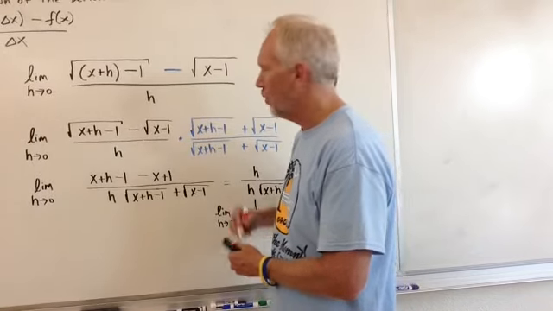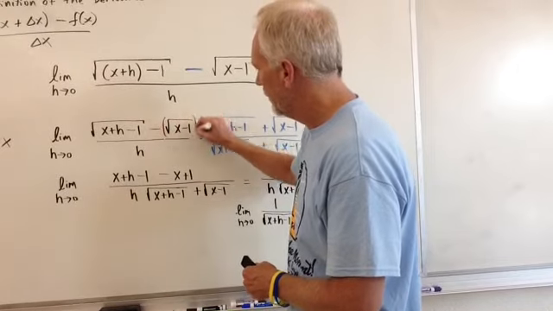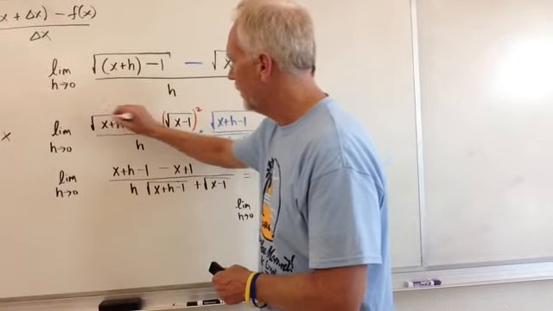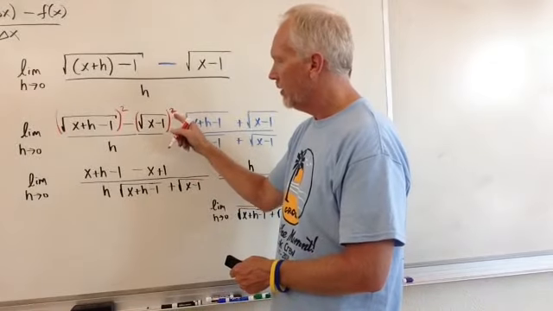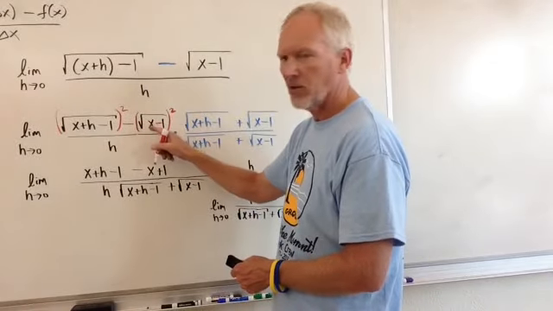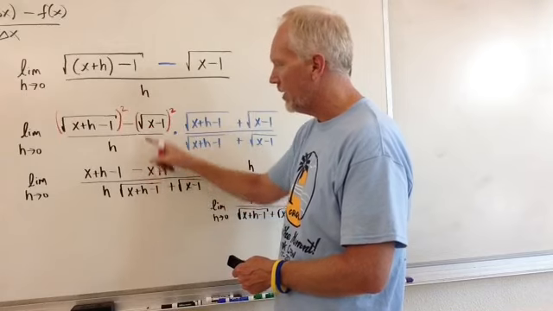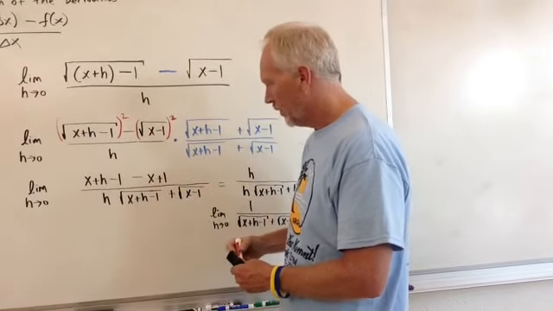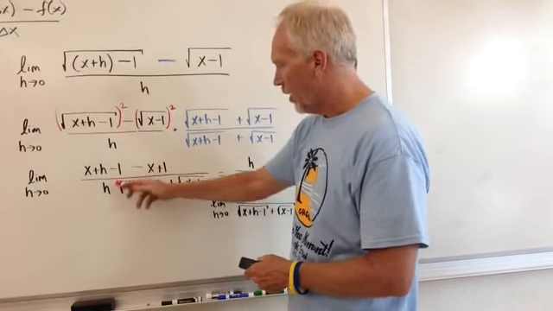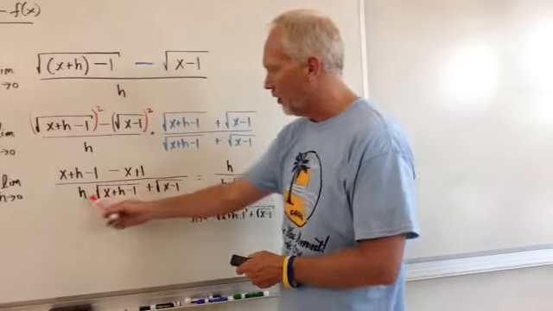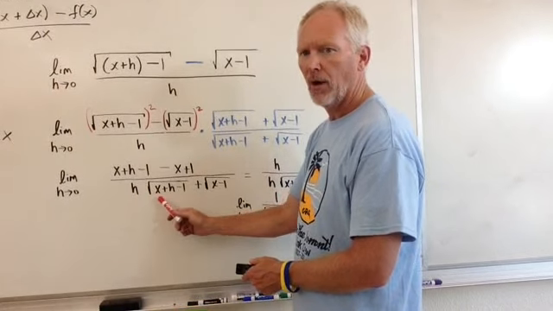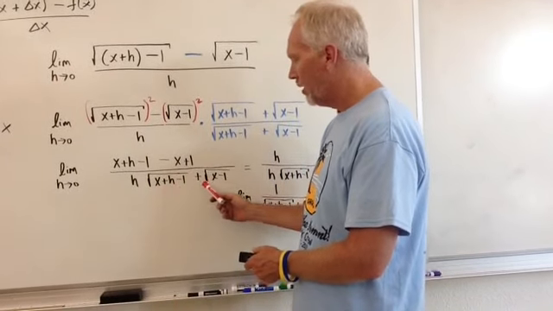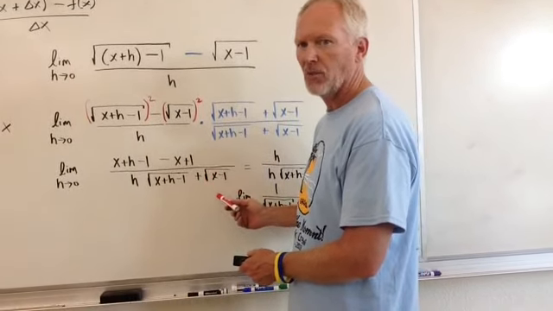We're going to end up squaring both of these, and when those come out of the radical, then we have to distribute this negative, so it'll be a negative x and then a positive 1. Okay, so we also have in the denominator, don't forget your h, and you have the square root of x plus h minus 1 plus the square root of x minus 1.